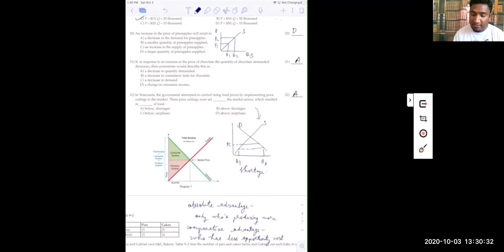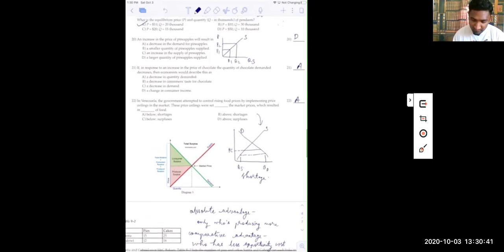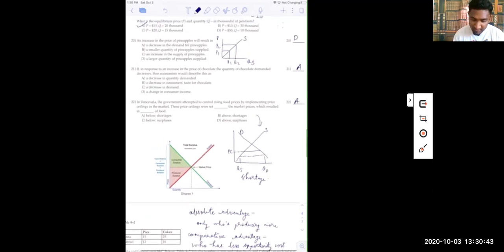But in a supply curve, as the price increases, the quantity supplied also increases. So an increase in the price of pineapples will result in a larger quantity of pineapples supplied.